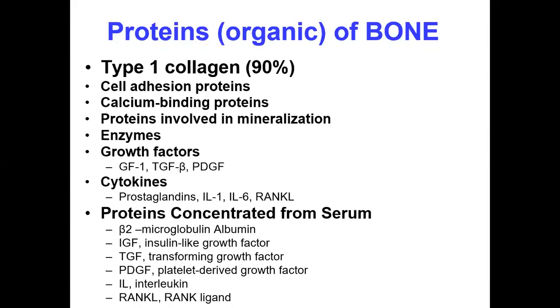Then there are growth factors like growth factor 1, EGF, beta, PDGF, cytokines, prostaglandins, interleukin 1, interleukin 6, RANKL. Then there are proteins which are concentrated from serum: beta-2 microglobulin, albumin, insulin-like growth factor, transforming growth factor, platelet-derived growth factor.